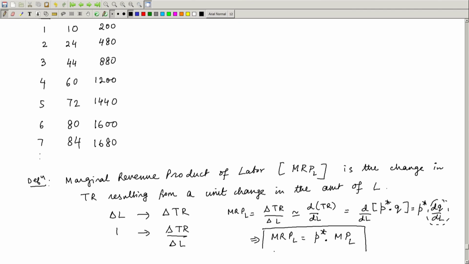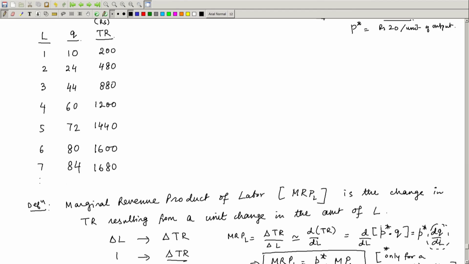So, for a firm which is a price taker, let me just make a note, only for a price taking firm. Well, what happens if the firm is not a price taking firm? Let us not worry about it, right. I want to keep the computation a little simple. So, the marginal revenue product of labor is the per unit price times the marginal product of labor.